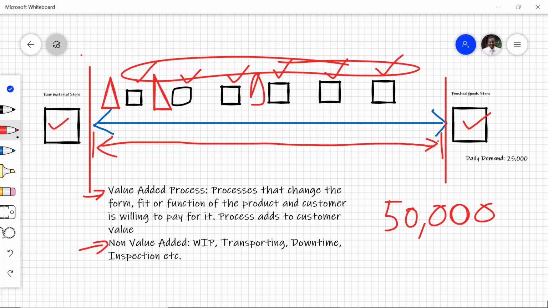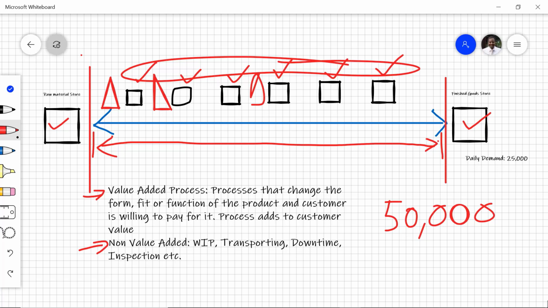Any process that does not add value to the customer, though you are doing it by requirement by your SOP, is considered non-value added from a lean manufacturing point of view. So we will exclude those processes in our calculation.